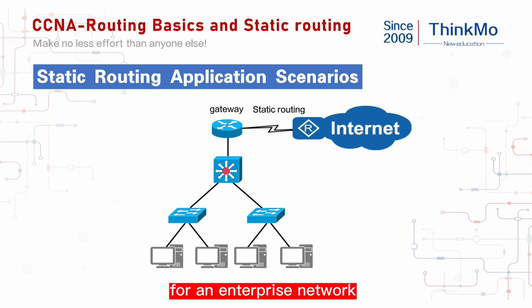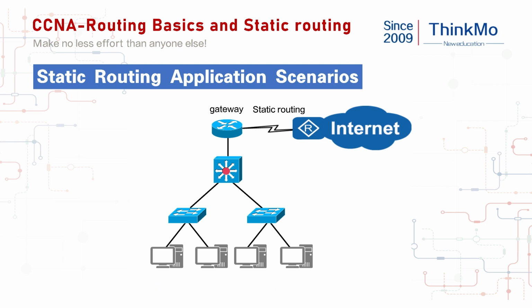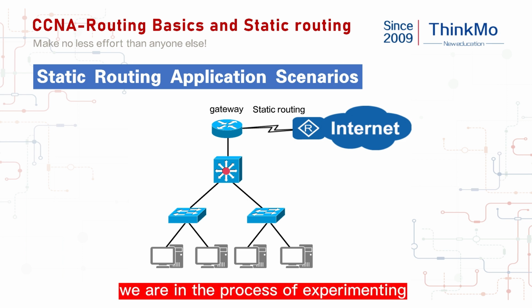For a small enterprise network, static routing is enough. It is also used by large enterprise networks, but it is not used as the main one, because it will be more troublesome. As for the reason, we can discuss it in the process of experimenting.